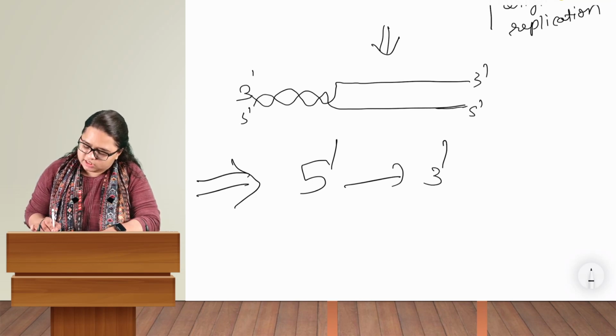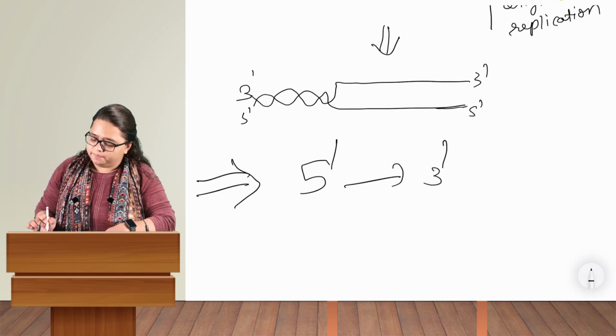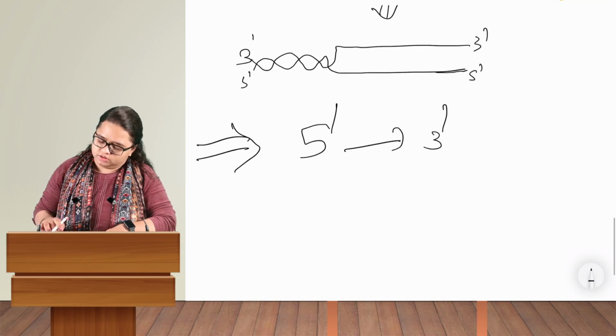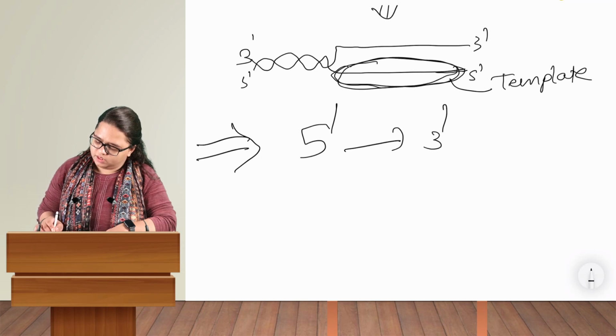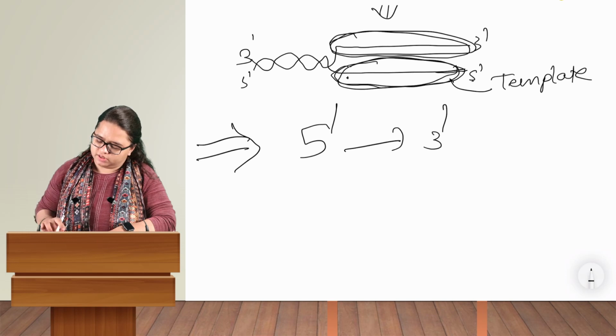Replication always takes place in 5 dash to 3 dash direction, but the main part of the DNA, that is known as template, where replication will take place. So that is known as template, and template direction should be in the opposite direction. Okay, so this is also a template. Both the strands will create a new DNA.